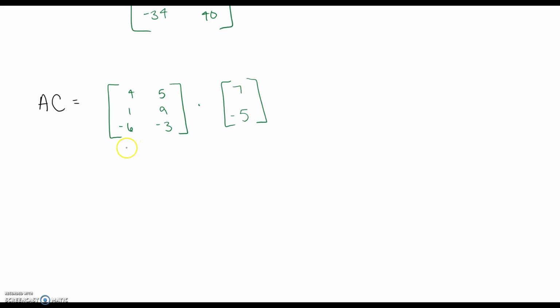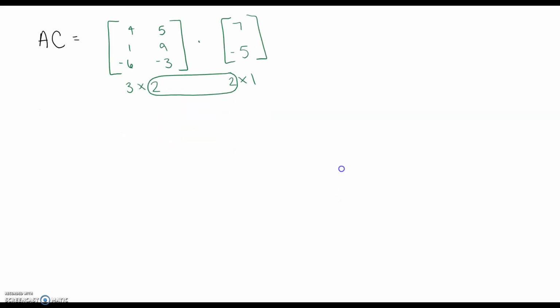In case you hadn't noticed, I like to write down the dimensions and circle them. I find it helpful, so these match: columns in the first, rows in the second. So we should end up with a 3 by 1 in the end.